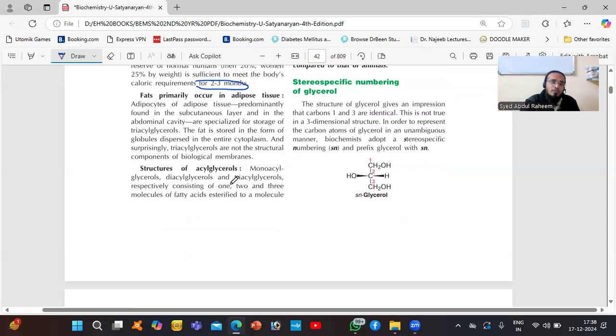So this is very important. Fats primarily occur in adipose tissue. So if we take an extra amount of fat in the form of food, oil, anything, nowadays outside food, junk food is most popular. That's the reason most persons have obesity.